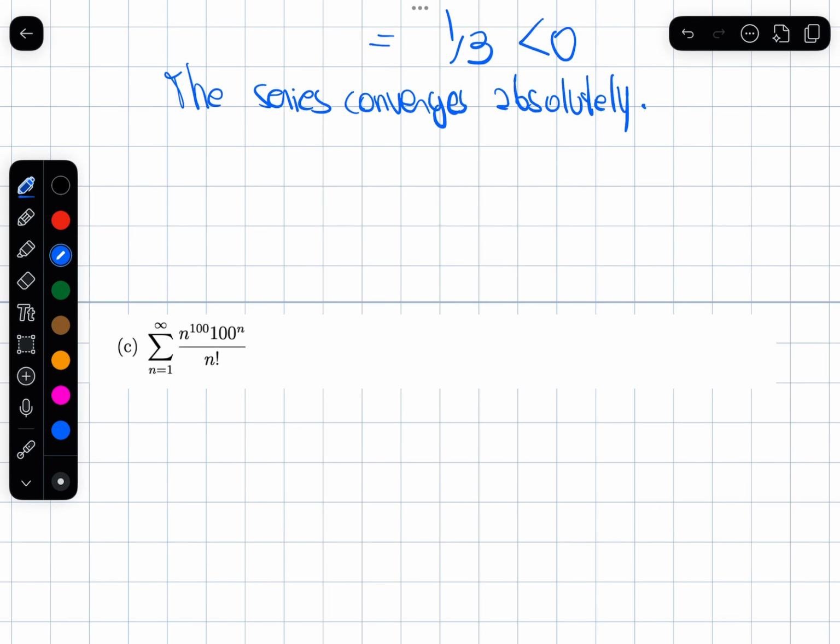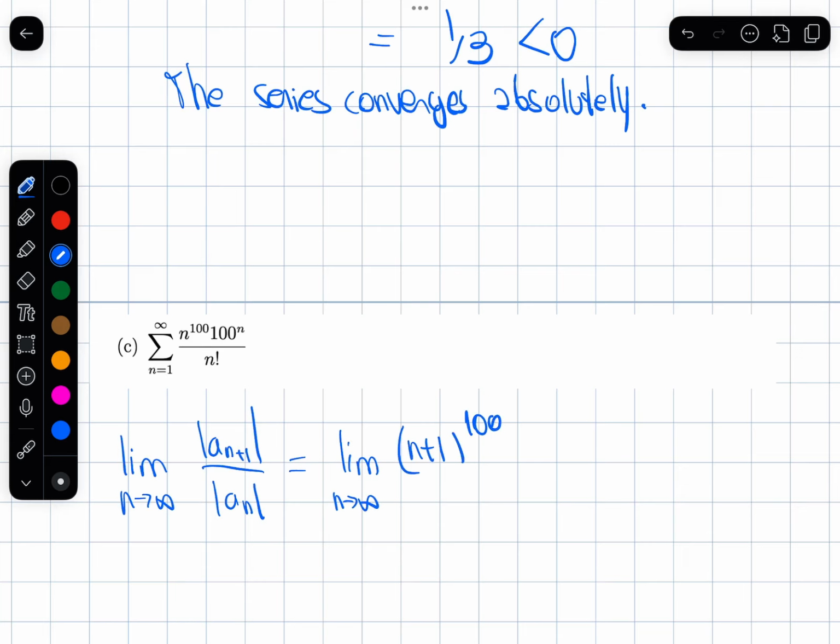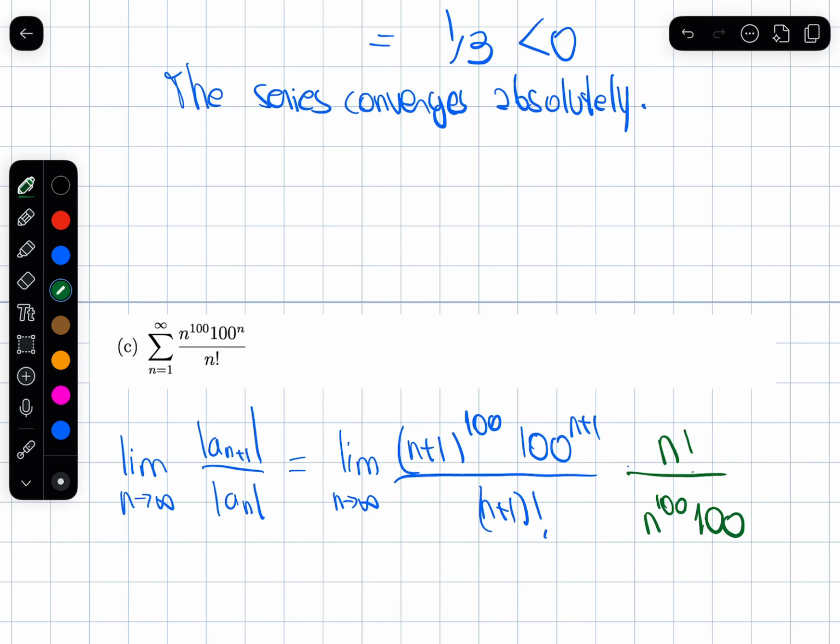I wonder what will happen to this one. Again, the top of the fraction will be n plus 1 to the power 100, and 100 to the power n plus 1, n plus 1 factorial, and then the bottom of the fraction, which I'm already flipping upside down, I'm already inverting, will be just the regular general term of the series.